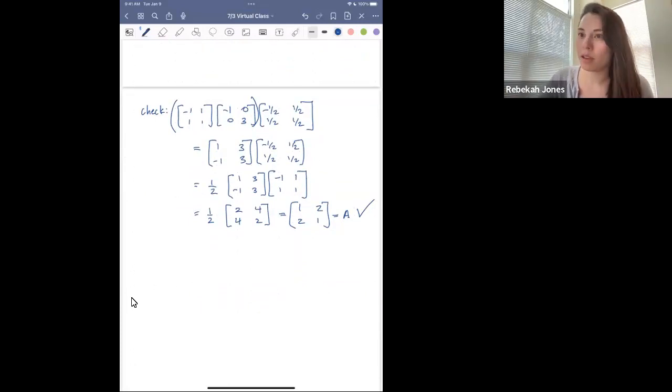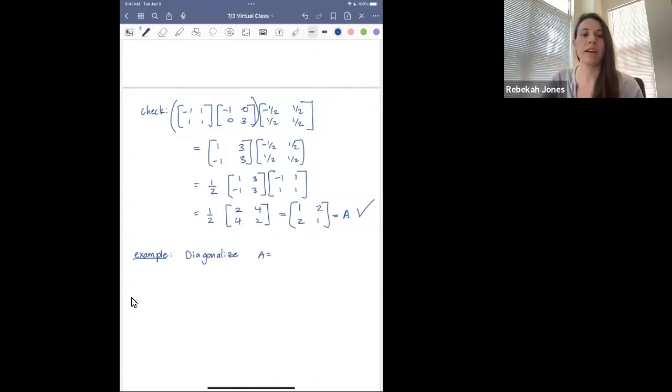Okay. And now I want to do one more example where we diagonalize a 3x3 matrix. And this can be a lot more work because, well, one of the sticking points is that you could end up with a characteristic polynomial that's difficult to factor.